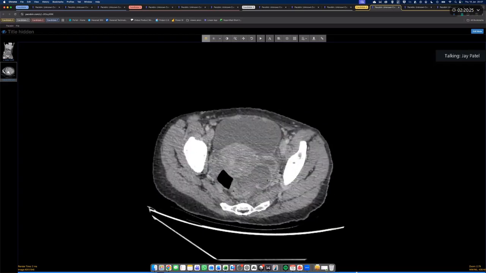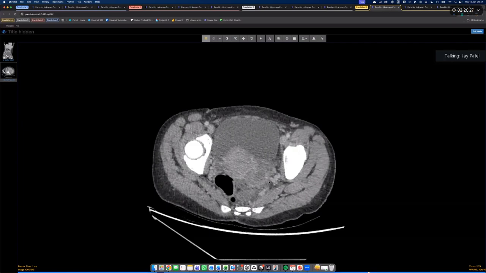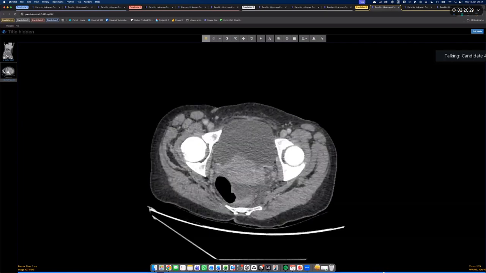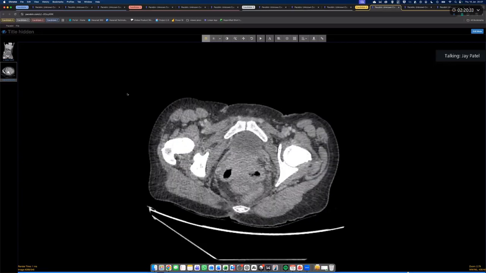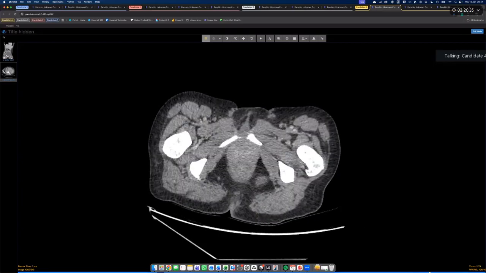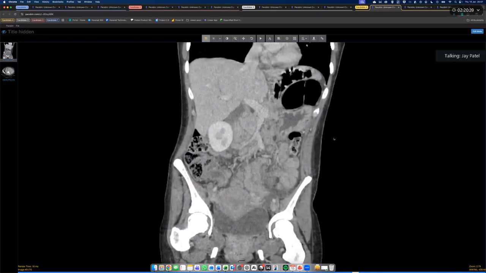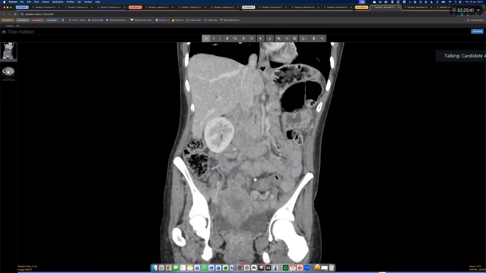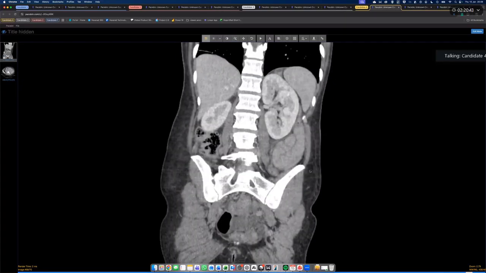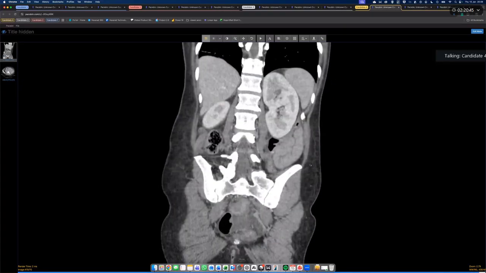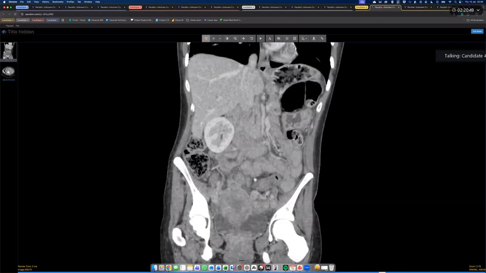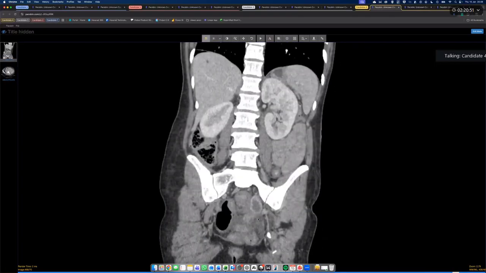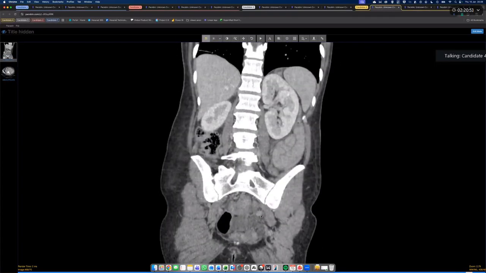If you like, there's a coronal that I can show you if that would help you. Yes, I would like to see the coronal, please. Okay, I'll just take over the mouse very briefly. There you are, coronal for you. So I have been presented with the coronal images of the same patient. I'm just looking at the area of concern. So I can see there is a low attenuation lesion with some peripheral enhancement seen on the left side.